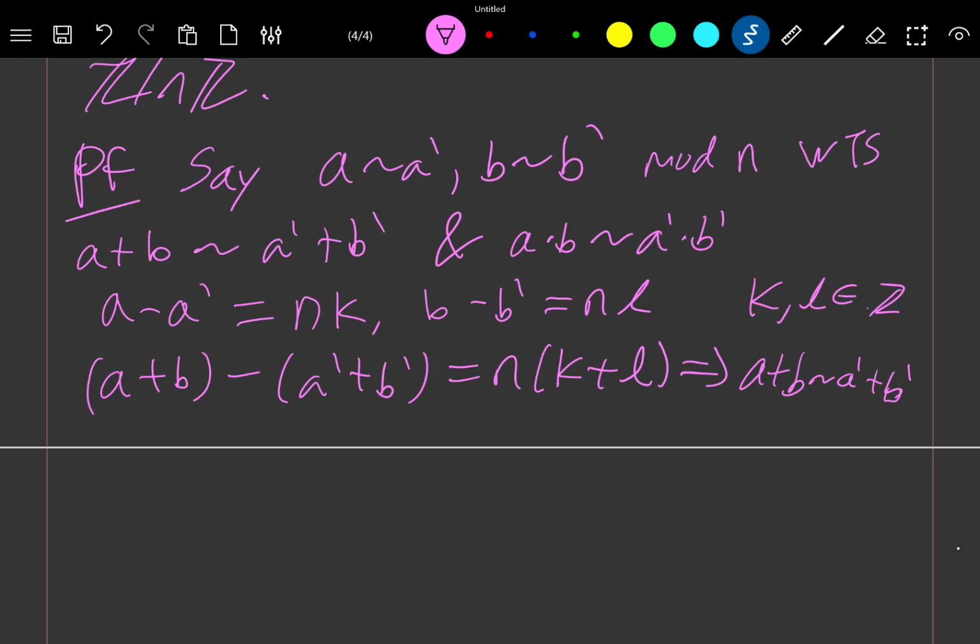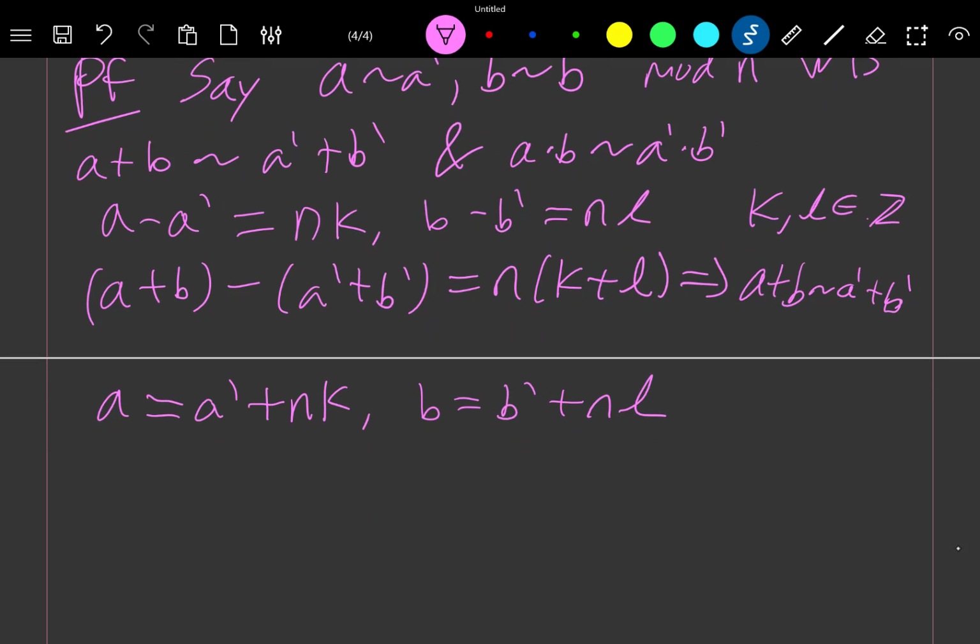As for multiplication, what we do is we have that a minus a prime is nk. So I'm going to write this as a is equal to a prime plus nk, and b is b prime plus n times l. Now I'm going to multiply these two equations together, and I'm going to get a times b is equal to a prime plus nk times b prime plus n times l.